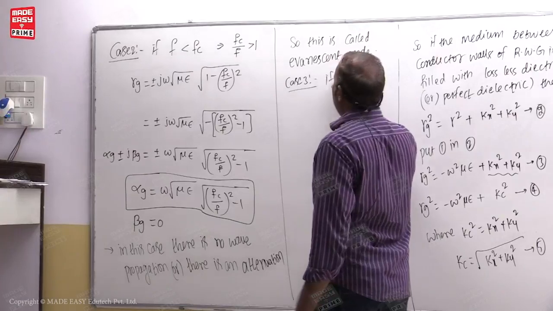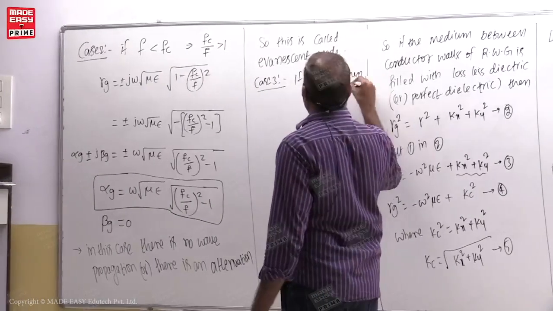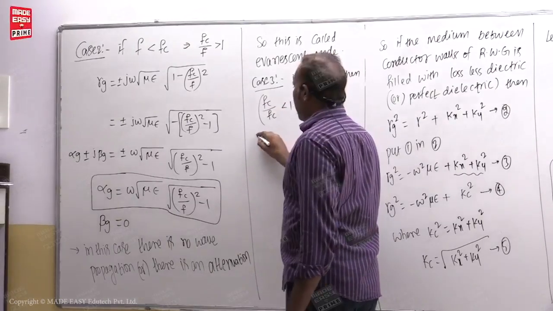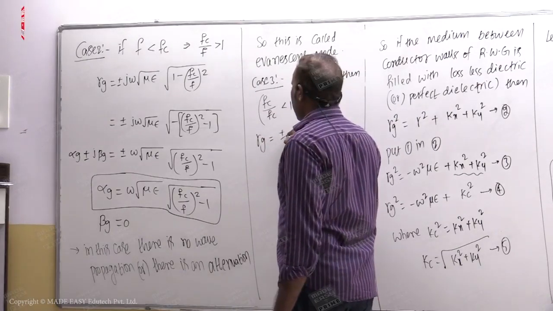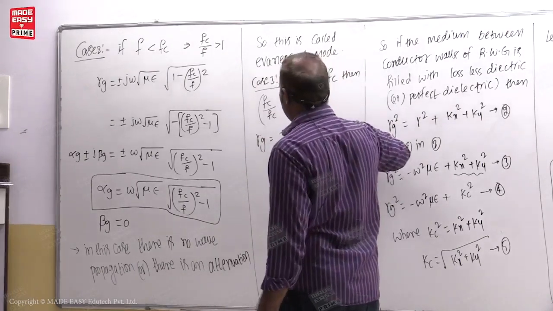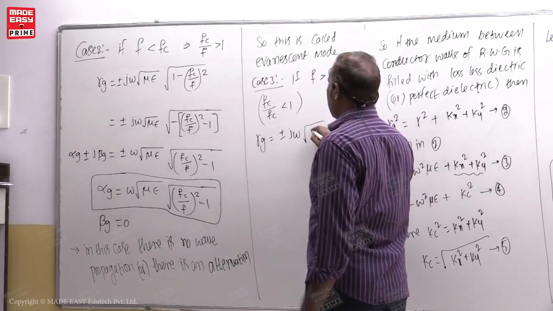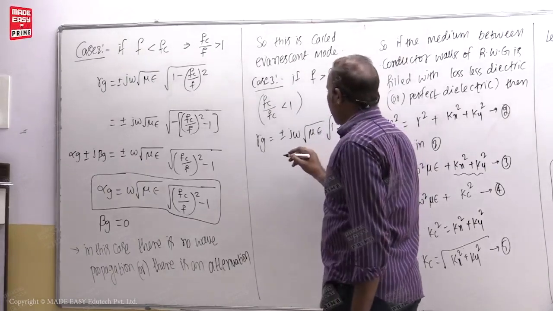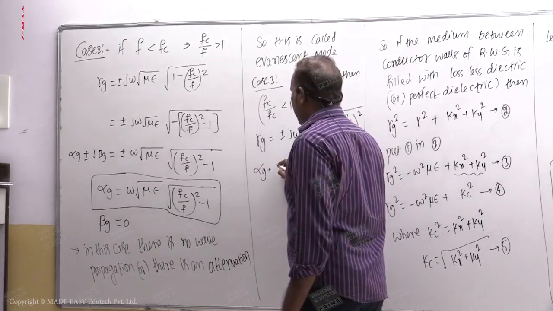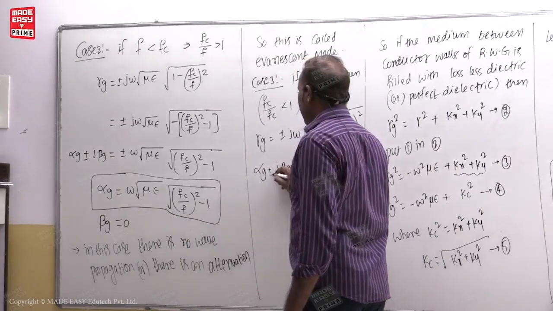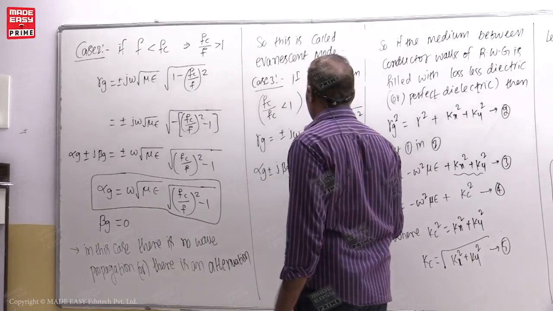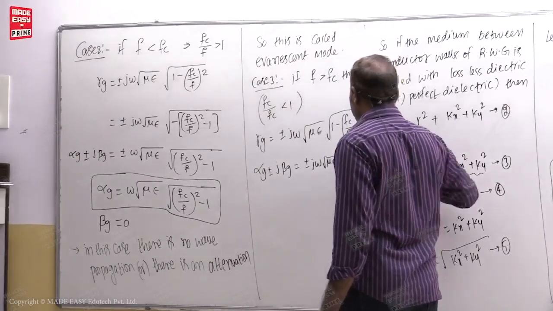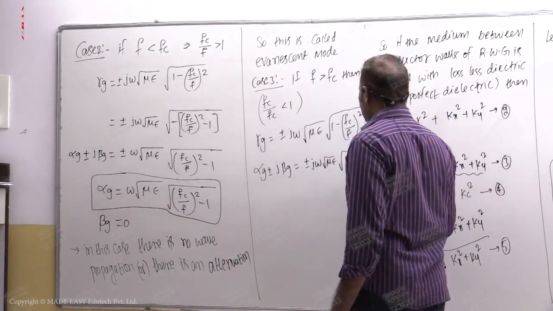Case 3. If f greater than fc, of course students, then fc by f is less than 1. Then gamma g is as usual plus minus j omega root mu epsilon root of 1 minus (fc by f) whole square, and this one is alpha g plus j beta g, of course plus or minus here, is equal to plus or minus j omega root mu epsilon root of 1 minus (fc by f) whole square, students.